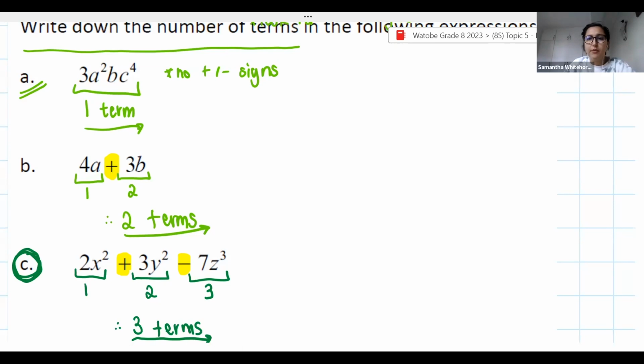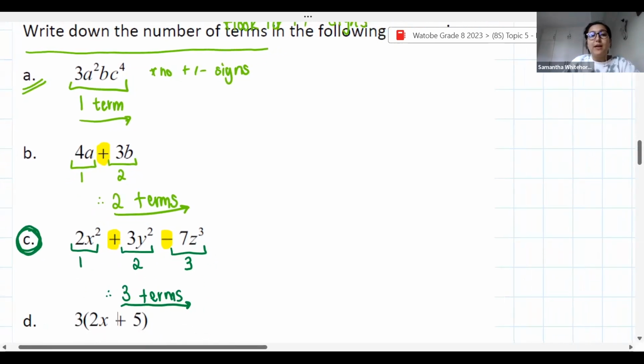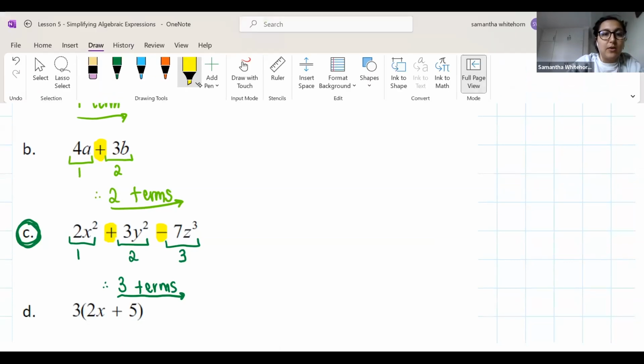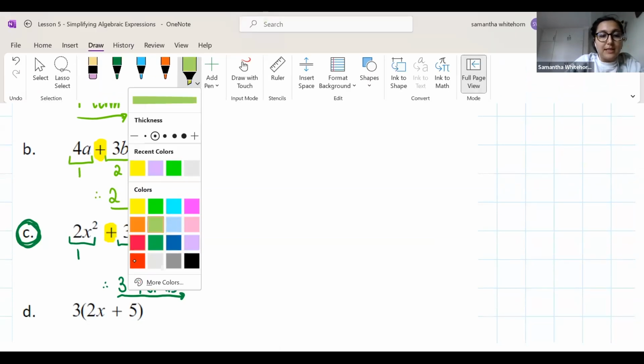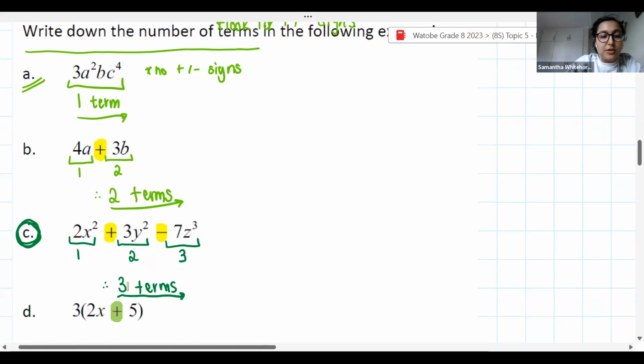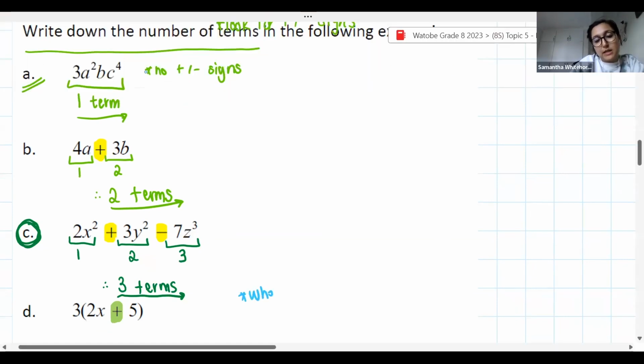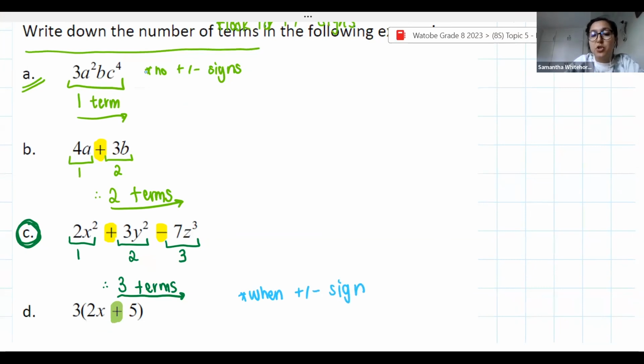No problems there, hopefully. What we now need to be careful of is when we get a plus sign that is inside our brackets. So what we can see in question D now is that I have got a plus sign, but it's a little bit different to the others because it's inside the bracket. And so we need to take careful note here of the fact that when our plus or minus sign is inside the bracket, we don't consider it when we're trying to figure out how many terms we have.